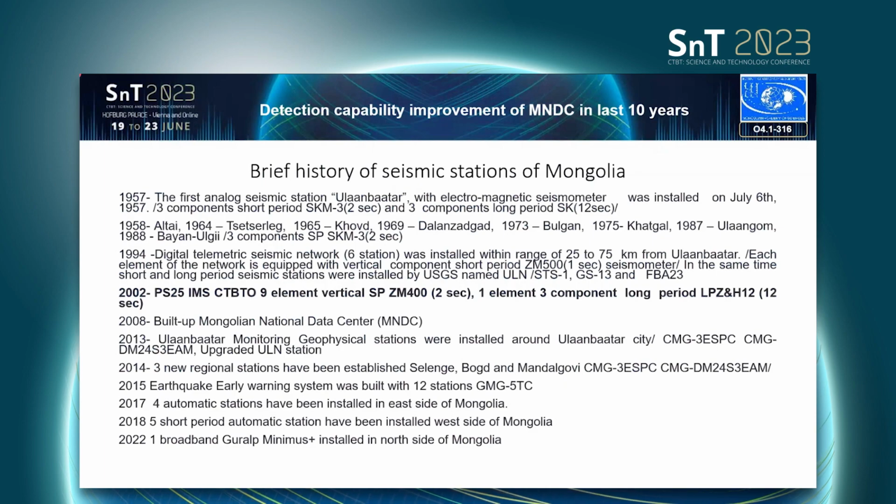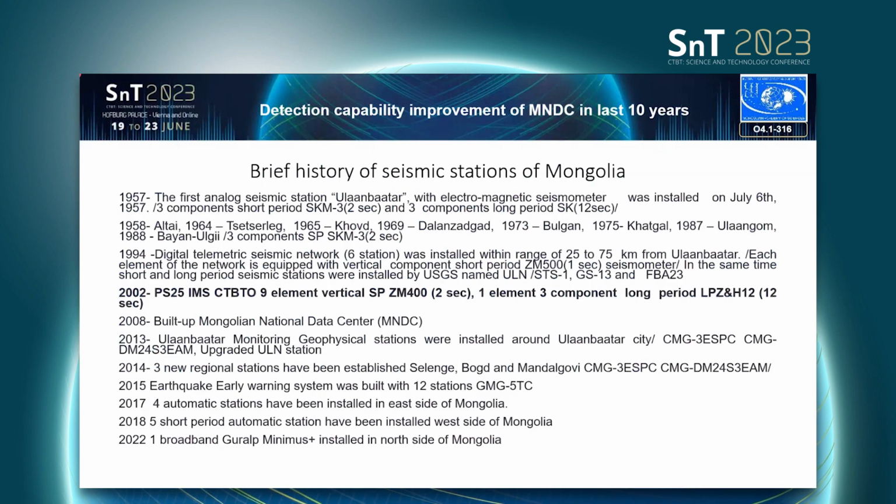In 2015, an early warning system was installed around the UB array, where there is a very active fault. Each one is 4 stations, and there are 3 different active faults where we installed this.